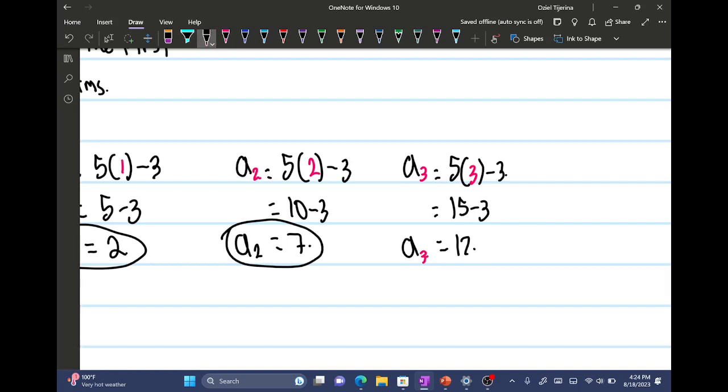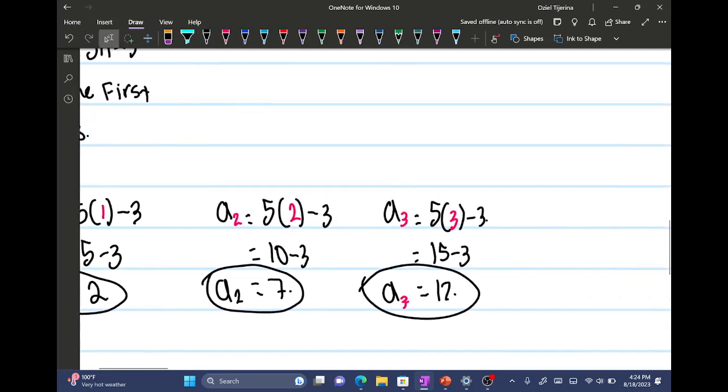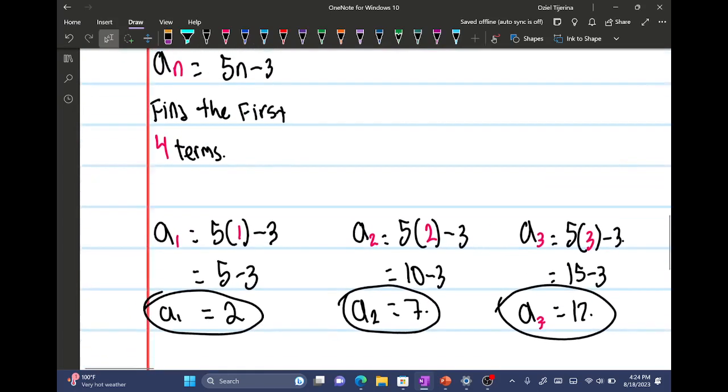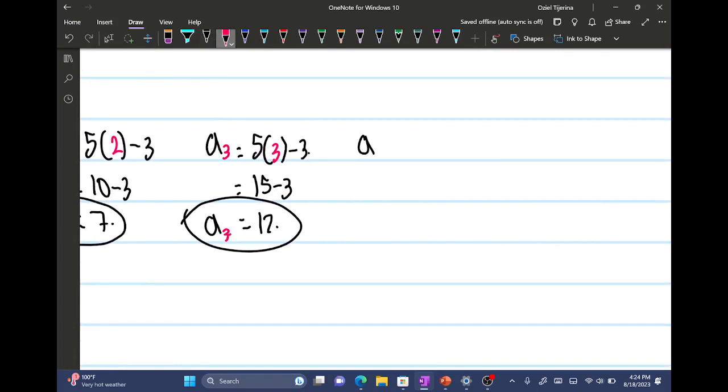So that's my third term, and then my fourth term, which is my last term, would be a sub 4 is equal to 5 times 4 minus 3. And this is just going to be 20 minus 3, which is 17.